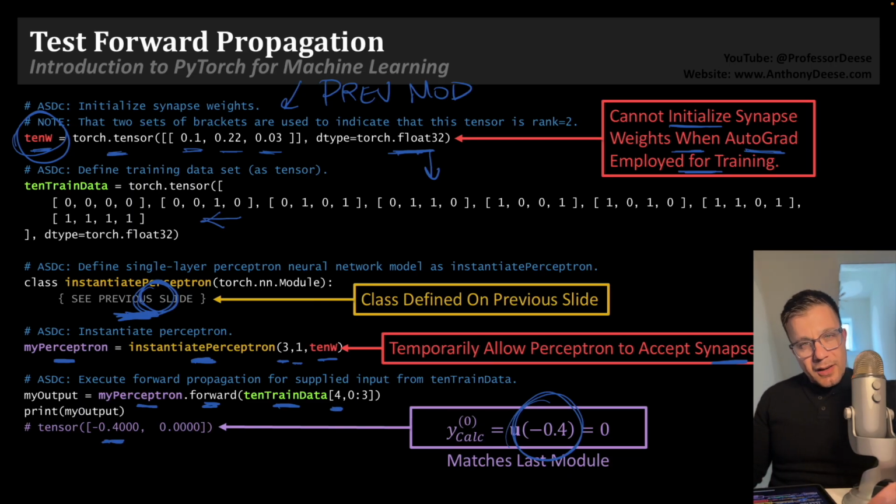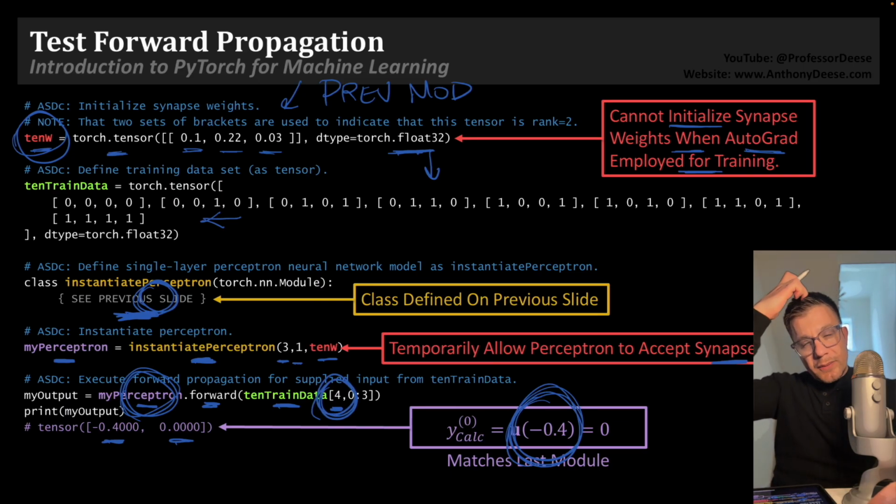We get a summed weight of the synapse weights and the inputs and the bias offset of negative 0.4, and so therefore our final binary classification is a 0. Now, to make a long story short, all this shows is that one, we're able to use the instantiated perceptron, and two, it yields a value that we've already shown from previous by hand calculations, again with the assumption that we're using the fifth training data sample, we've already shown to be correct.